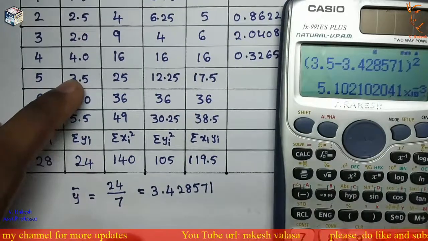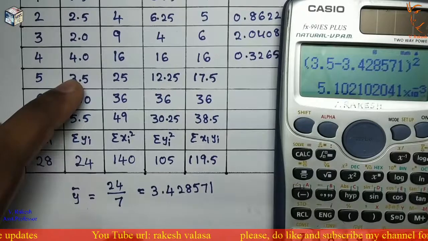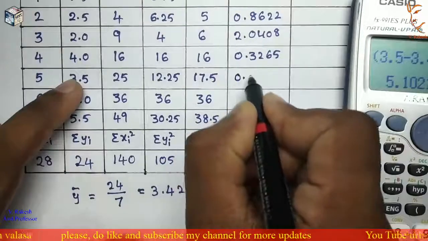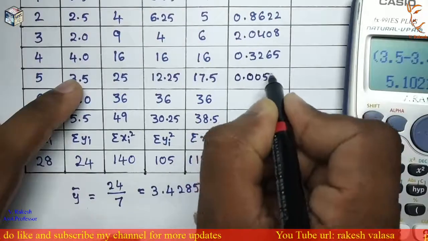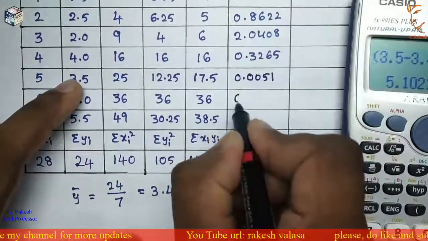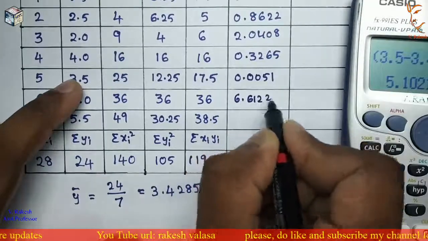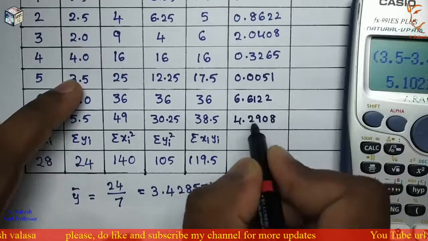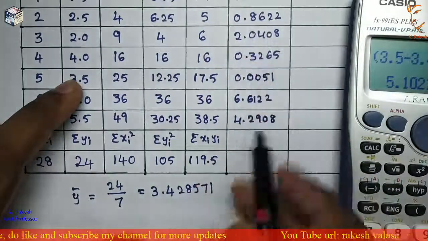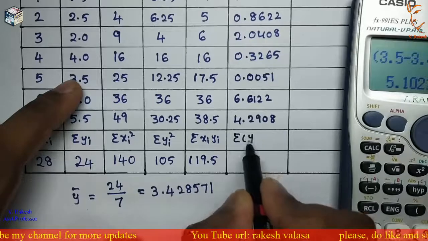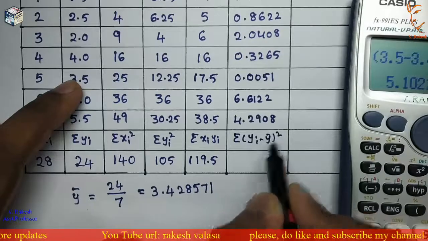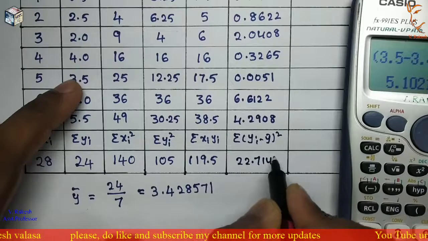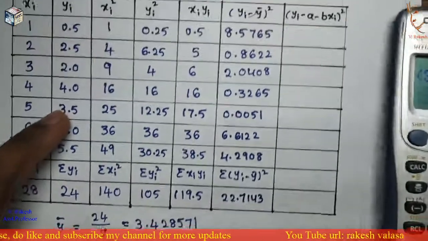Answer 5.10 into 10 power minus 3, that is 0.0051. Similar to remaining values, 6.6122, 4.2908. Summation of yi minus y bar whole square, that value is 22.7143.